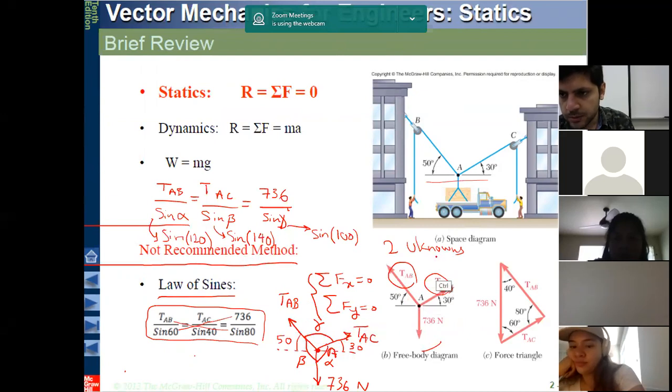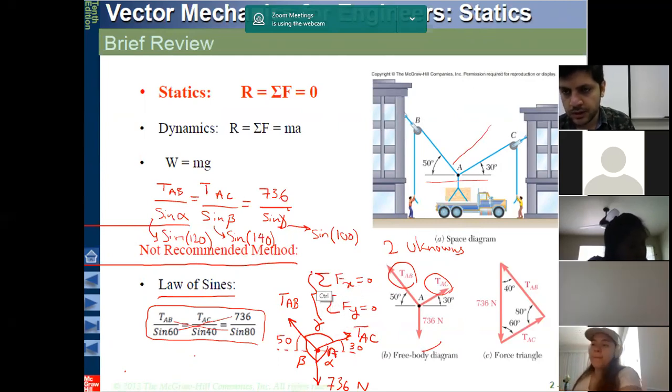For these problems, in the two-dimensional case, we should always have two unknowns because we have only two equations. There are systems out in the world that have more unknowns, like if you add another rope here to point A, then you would have another force, and you can't solve it with these two equations, so you need extra equations.